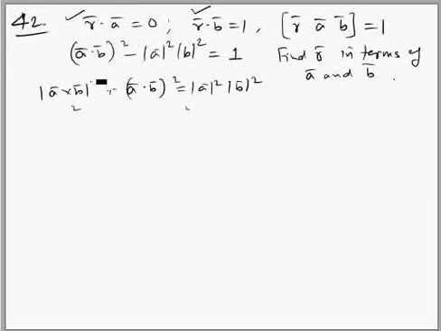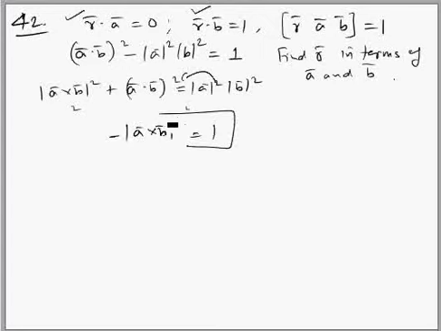Now if you compare these two, the difference of these two is minus mod of a cross b square, equal to 1. Now see, this is something absurd.